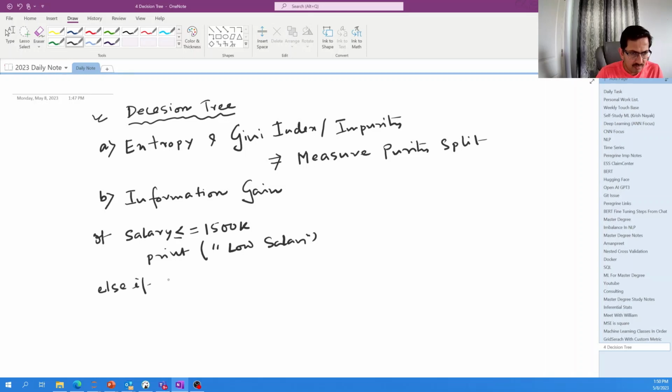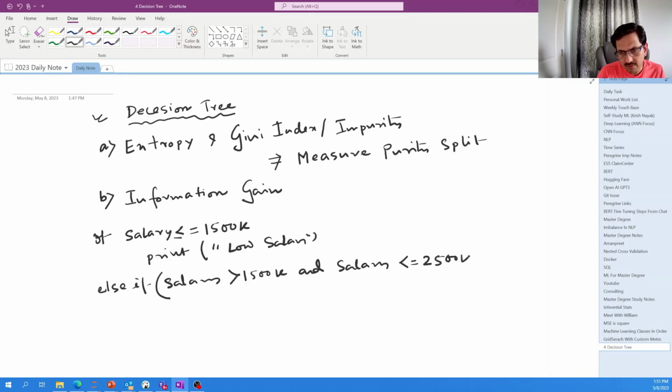Else if salary greater than 1500K and salary less than or equal to, for example, 2500K, print medium salary.